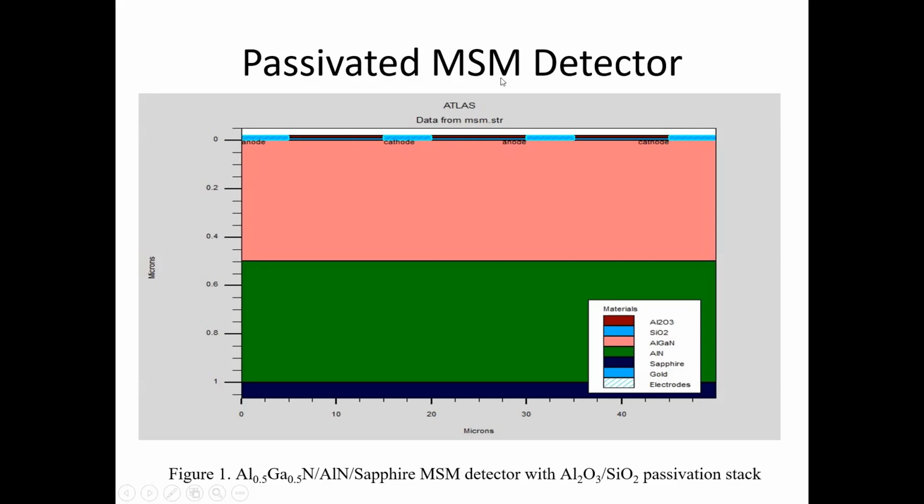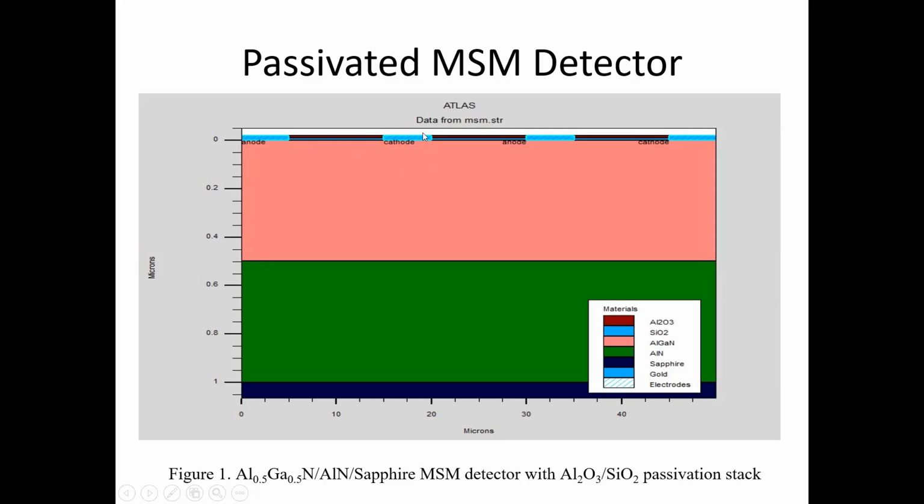MSM means metal-semiconductor-metal detector. So the anode is the metal, the semiconductor layer is AlGaN, which is peach in color here, and the cathode is another metal. So metal, semiconductor, metal, this is the interdigitated electrode pattern for the MSM detector.